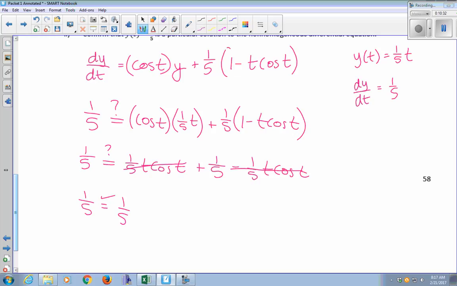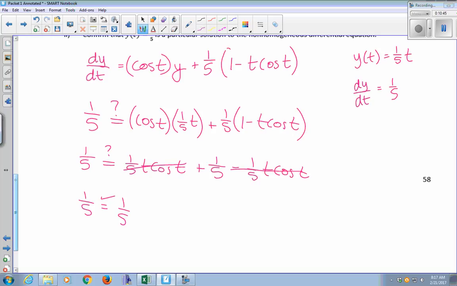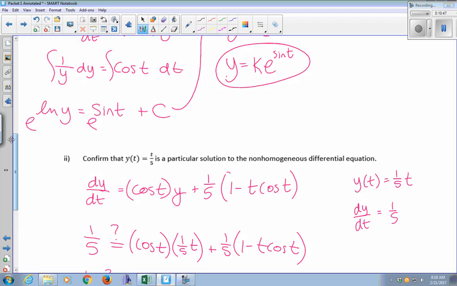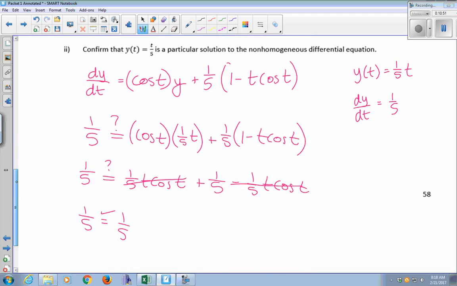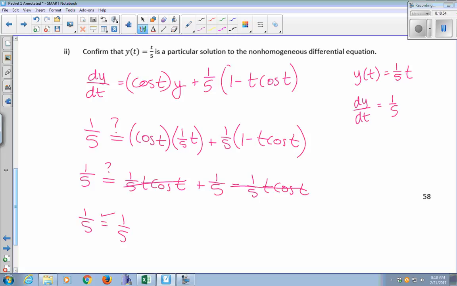So I know that t over 5 is a particular solution to the non-homogeneous differential equation. So I have two pieces of information. I have the general solution to the associated homogeneous equation, and I have one particular solution, which we often denote y sub p for y particular, to the non-homogeneous differential equation.